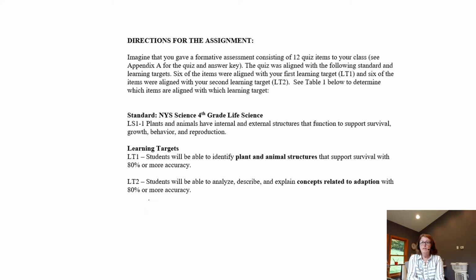So the first learning target is about structures. The second learning target is about adaptation. And those are both aligned with the standard. I also want you to focus that students have to get 80% or more of the questions correct for you to consider that they've mastered that target. 80%. Keep that number in your head.